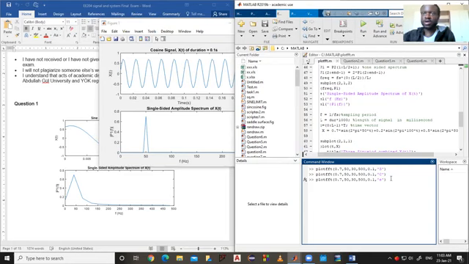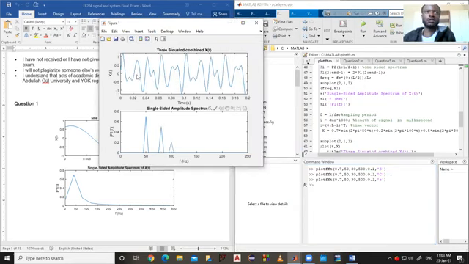By using a different character, we generate this combined signal, and here are the three different frequencies after doing the Fourier transform. So this is the application of Fourier transform. These three frequencies are buried in the signal. And so that is for the first question.